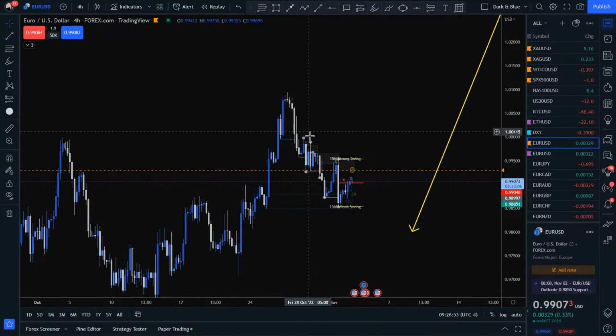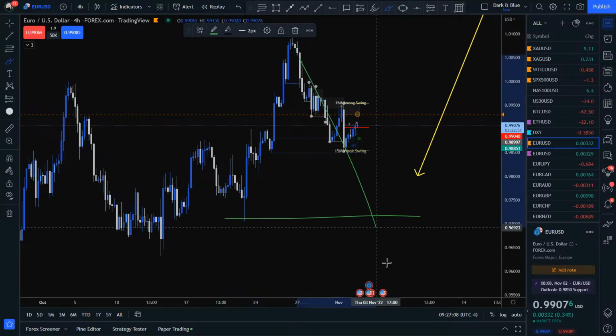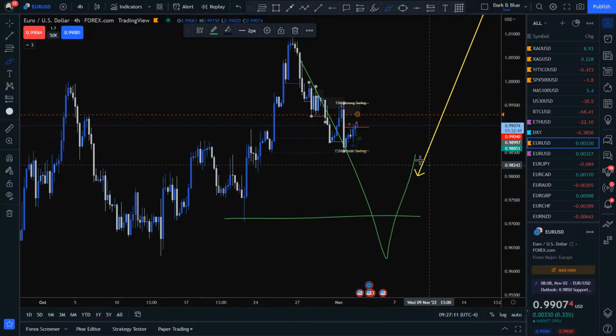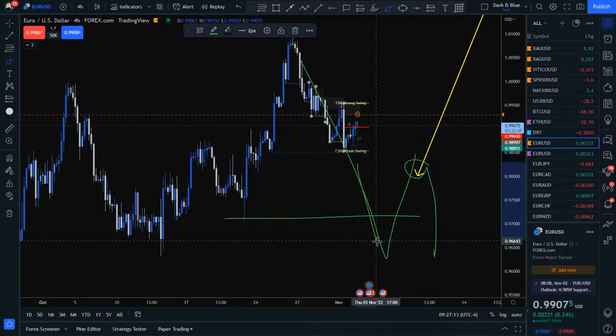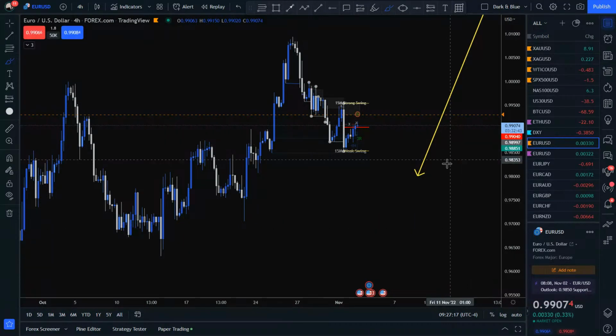This is when sells become the primary trade. I'm sorry, I keep getting these things mixed up. You want to see this broken and then pull back, then the pullback for sells. As soon as it breaks this low, that's when sells become the primary trade.